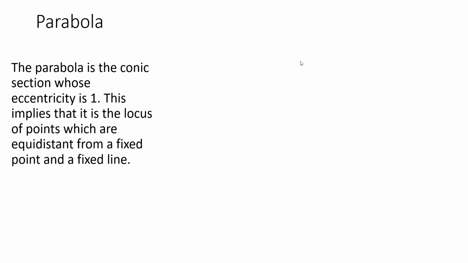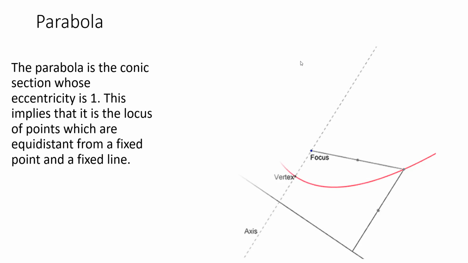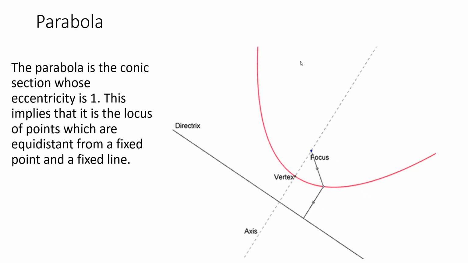Now to visualize the parabola with this eccentricity, the locus of points, the fixed point, and the fixed line, we have this one. When you were in grade 9, focus, directrix, and axis of symmetry, I guess axis of symmetry is included in your grade 9. Focus, the directrix was not given to you in grade 9.